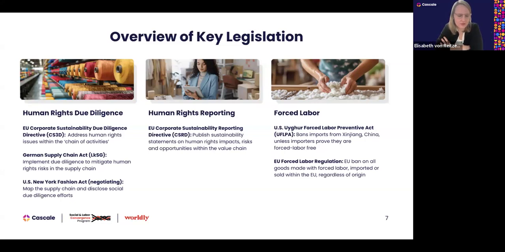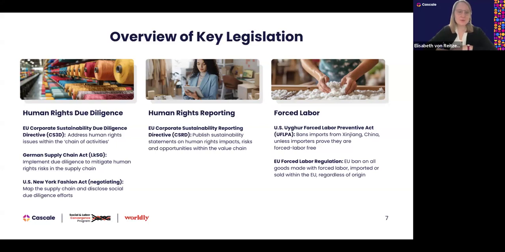Also, it means an increasing focus to demonstrate and showcase ethical practices throughout the value chain, because there are key pieces of legislation which are driving this shift and setting clearer standards for social compliance, both in the EU and the US. So these are the two key market legislations we are touching upon today.